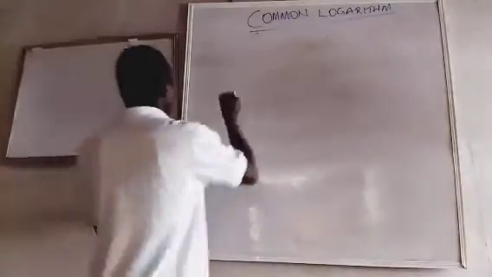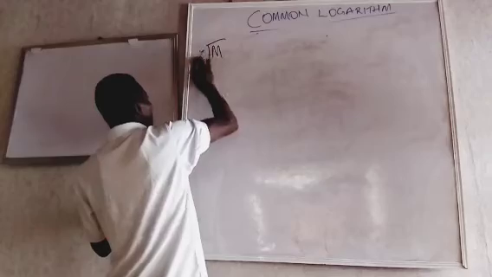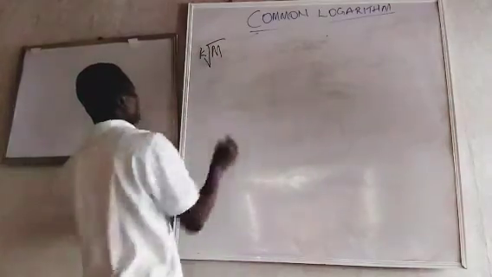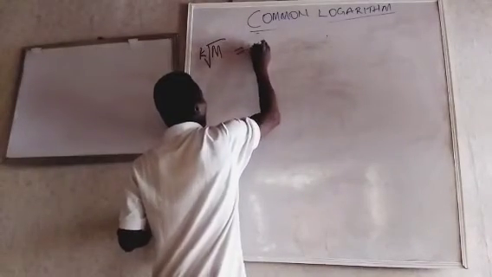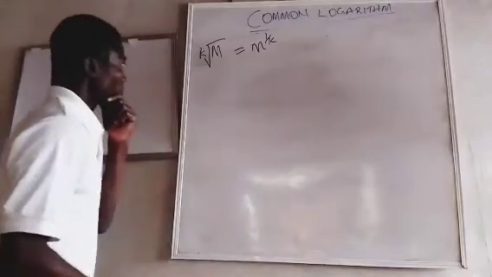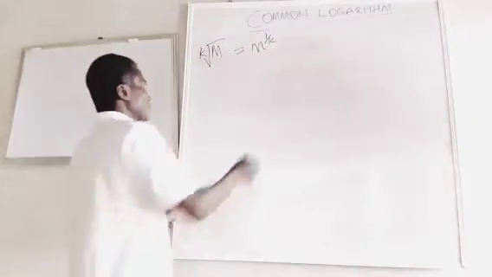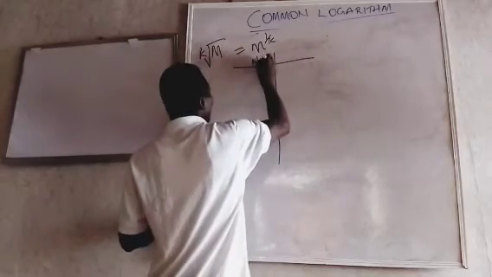Since I want to work something like n to the root of k, you know it is also the same thing as n raised to the power 1 over k. Then, how do I go about this? I will have number, log.